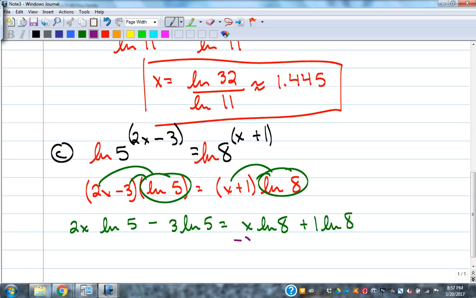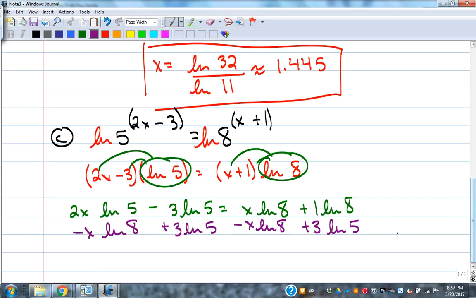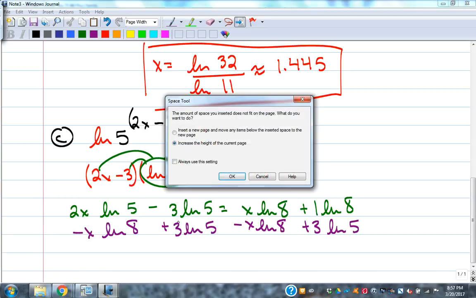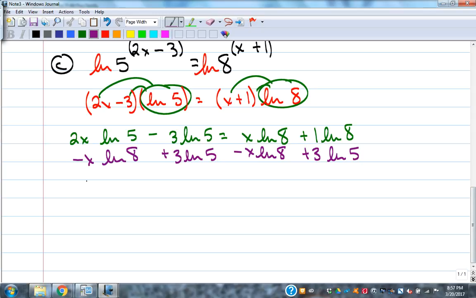So we're going to subtract x ln of 8 and we're going to add 3 ln of 5. They're kind of like terms, but they're not really alike enough that we can join them together.